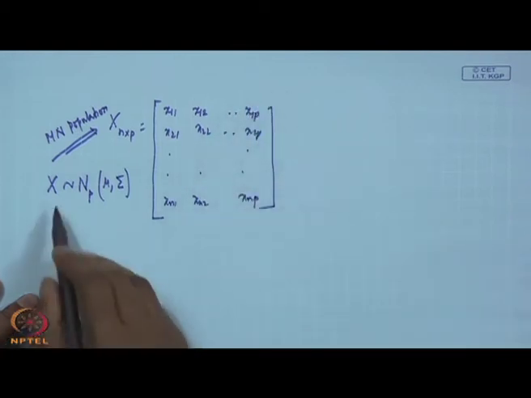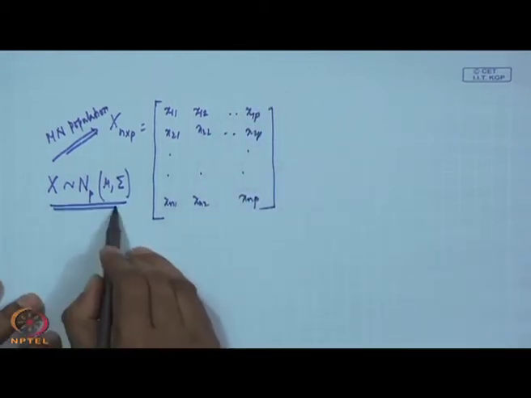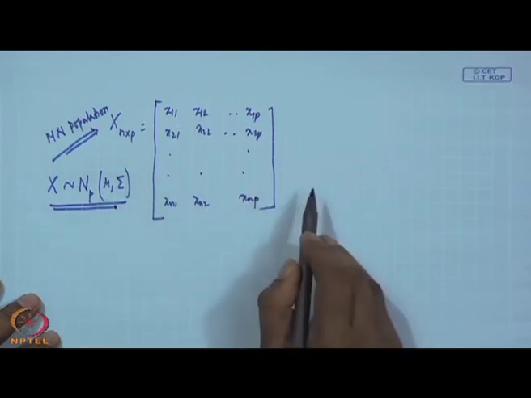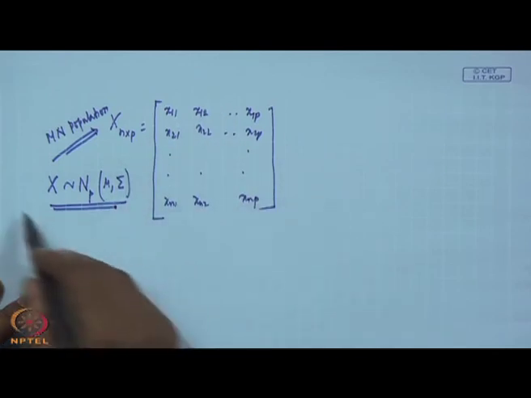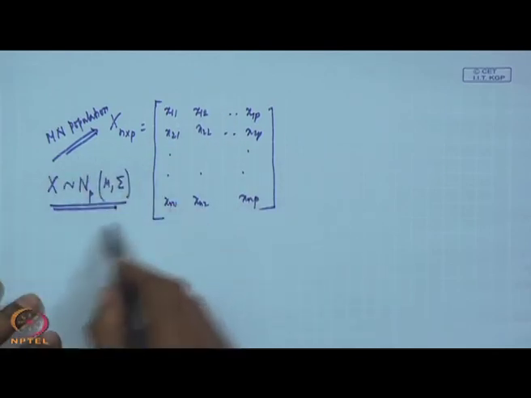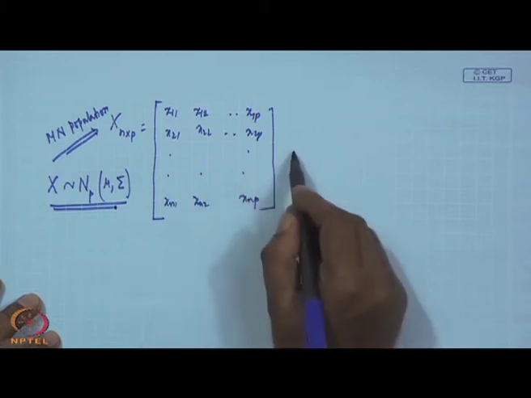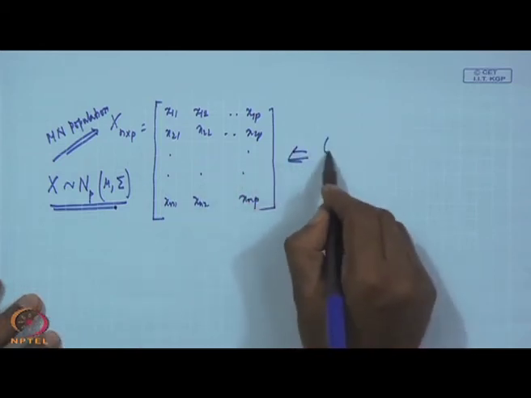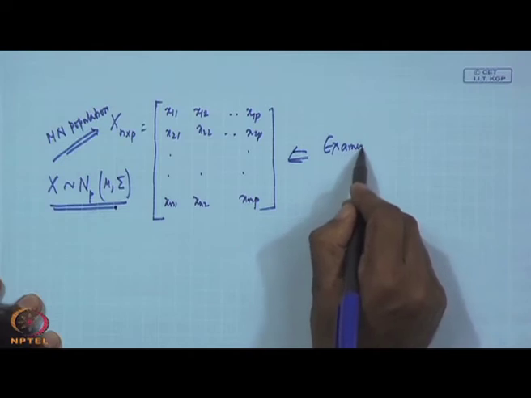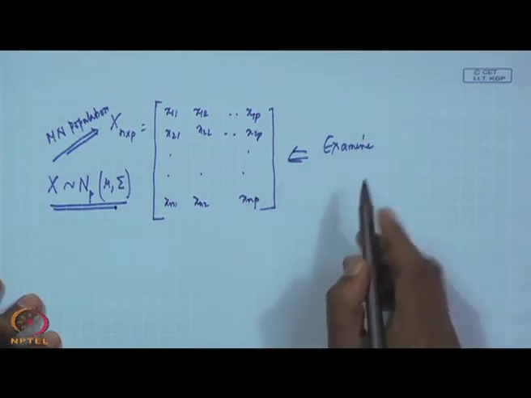It is true that if your population is multivariate normal, the data you generate will be multivariate normal also, but you do not know whether that population is really multivariate normal or not. So, what we do there, we examine the data to understand whether data comes from a multivariate normal population or not.